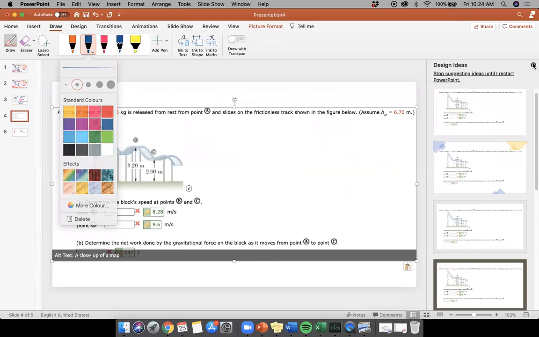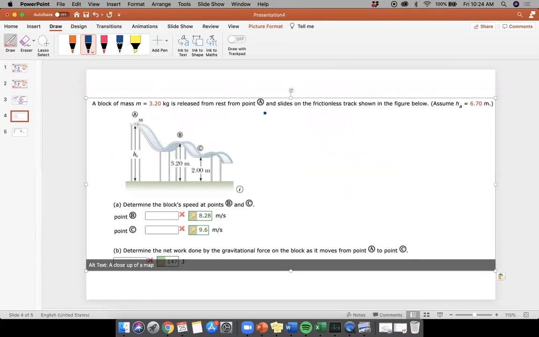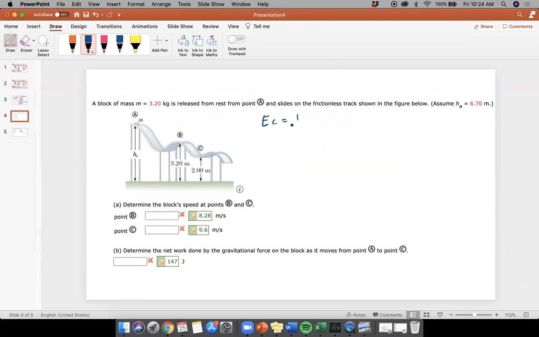Okay, so EC is equal to 1 over 2 mv squared at point C plus mgh at point C. So this becomes 1 over 2, 3.2, VC is, we don't know, squared, plus 3.2, g is 9.8 times h at point C. So that's a 2.